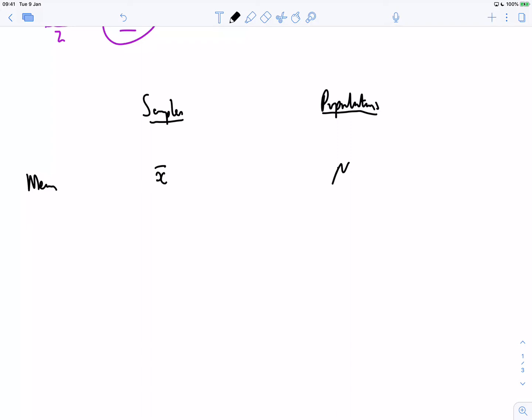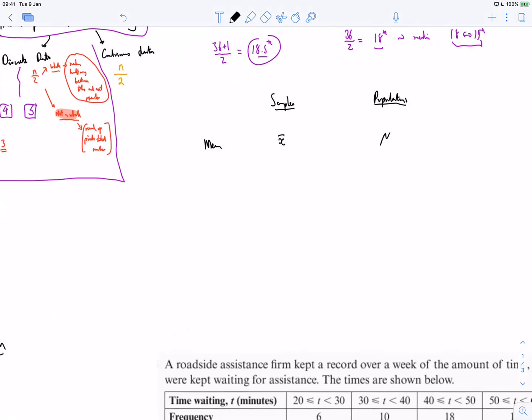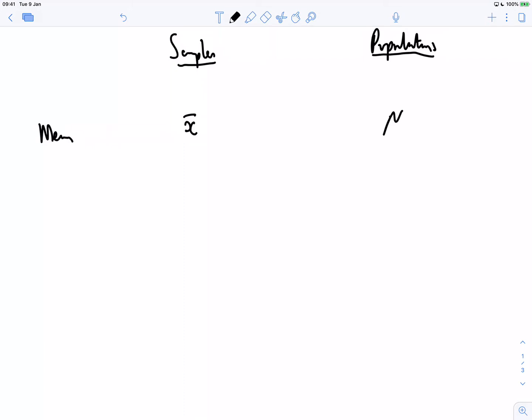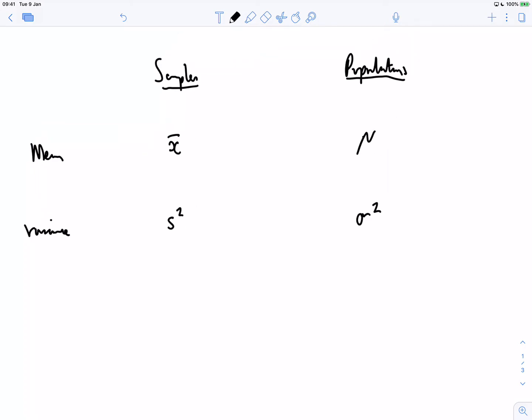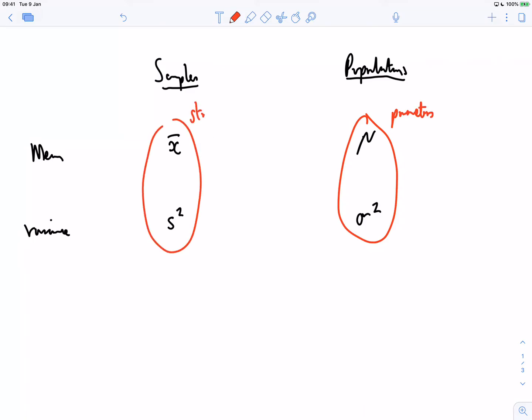And for what we're going to be talking about in a second, which is the variance, for the sample we would use s squared, and for the population we would use sigma squared. It's very important to note these things are called parameters and these things are called statistics.